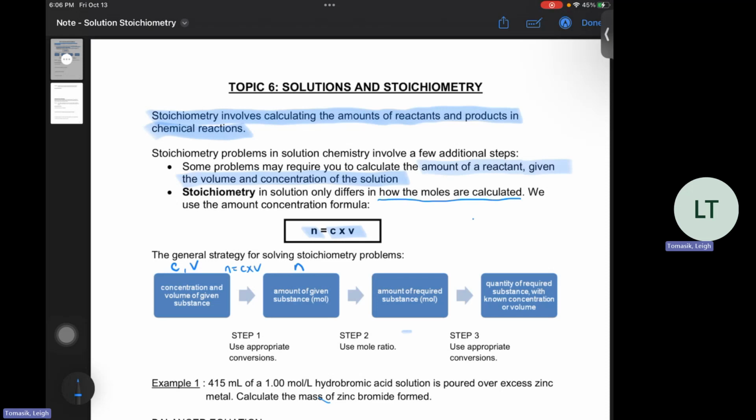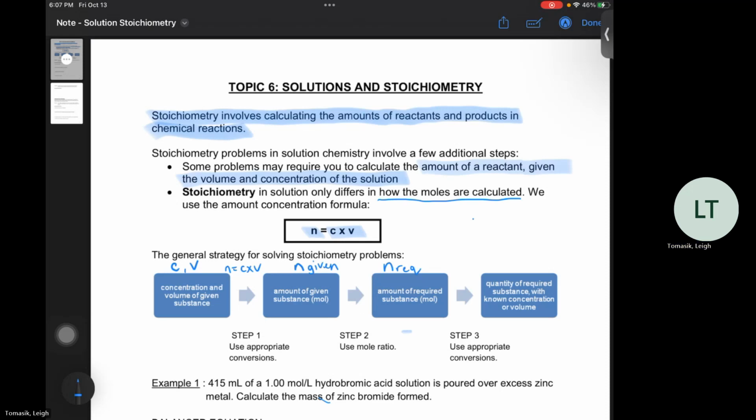And then, once we have gotten the moles of our given substance, we can go to the moles of the substance that they want, right?